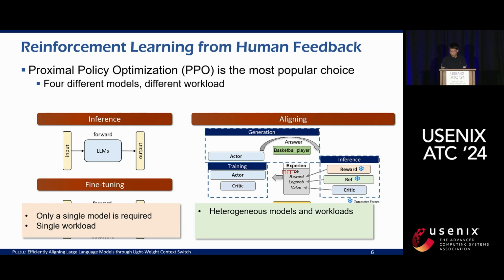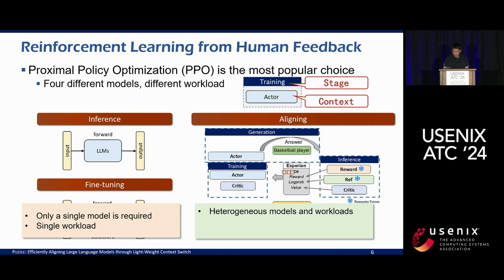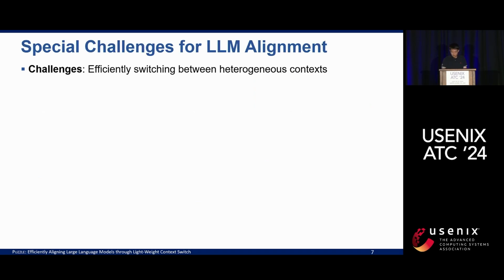However, aligning requires multiple models with heterogeneous workloads. Here, we can regard the model as a context, and the workload shown in the figure as the stage for better presentation. And therefore, the alignment involves frequent context switching, and this context switching adds complexity to the underlying system.